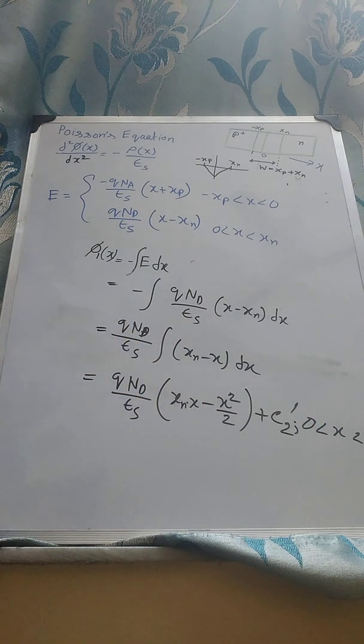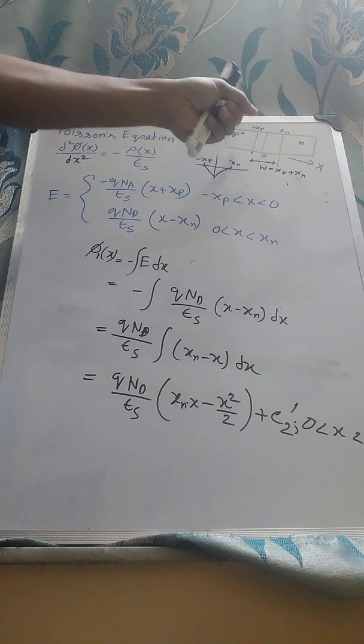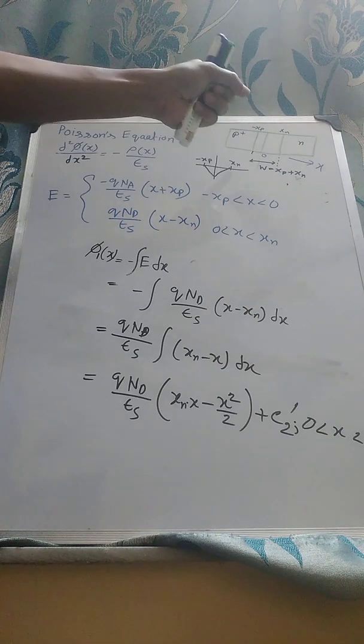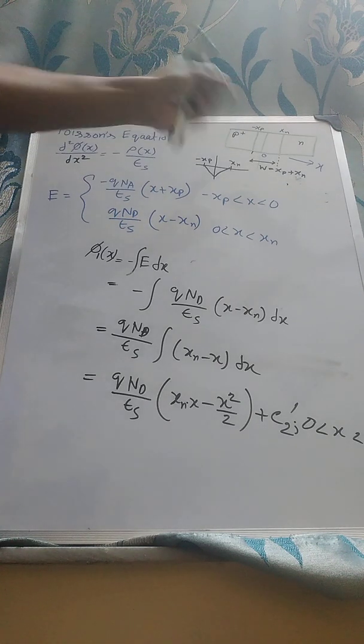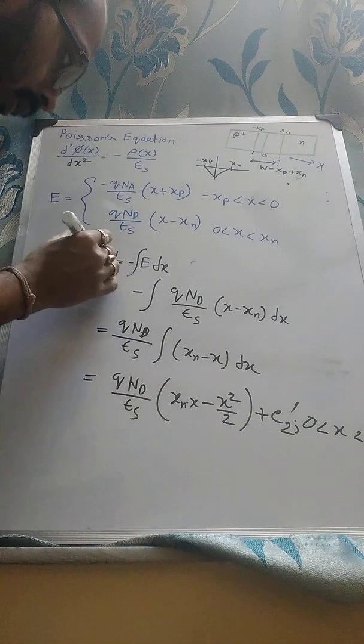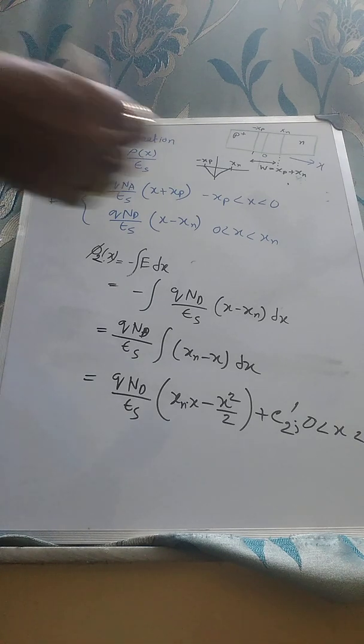Now just like in case of the p side, at minus xp we don't know what is the value of phi. Let me change this notation as well. Let us say this is phi 2, just to distinguish between two potentials.